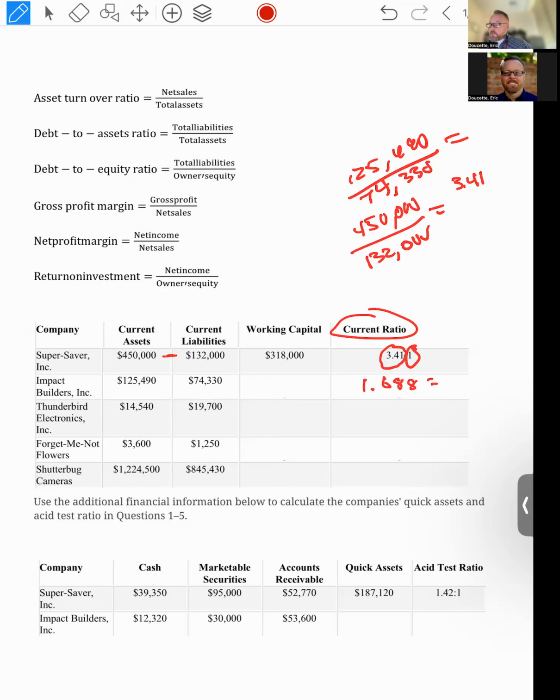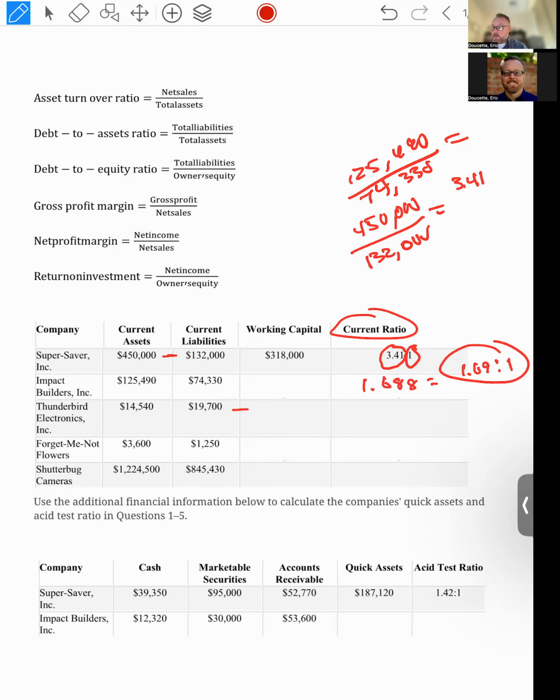So we'll say that comes out to 1.69 to 1. What does that mean? That means that Impact Builders has $1.69 in assets to pay off every dollar of liabilities. So they're doing okay. The other company's doing better. They had $3 per. And so anyway, you can make your way all the way down.